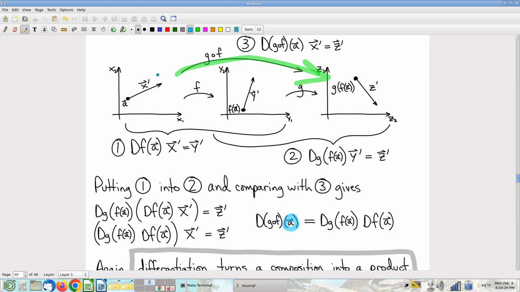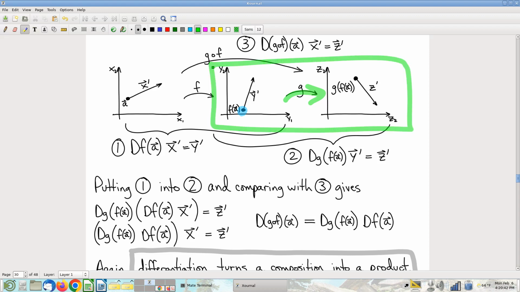But notice that G is not. G just goes from the Y space to the Z space. G has never heard of A. G does not know anything about A. DG cannot be evaluated at A. It doesn't make any sense.